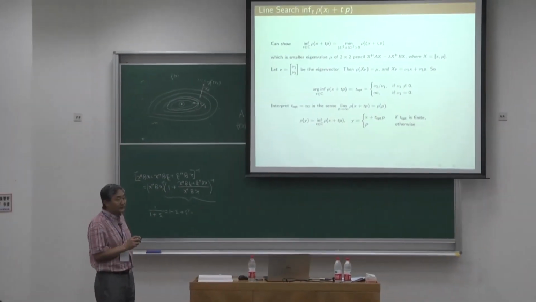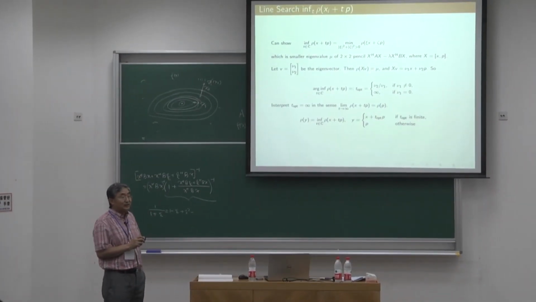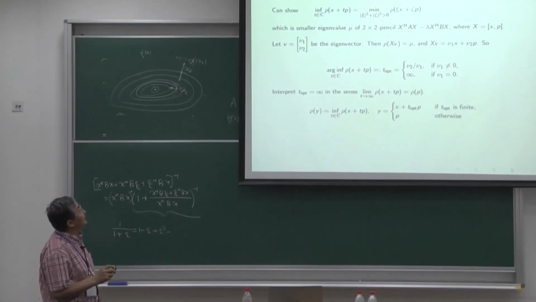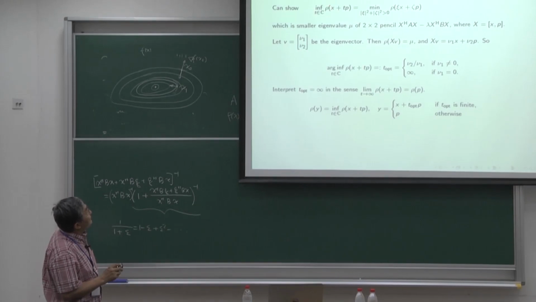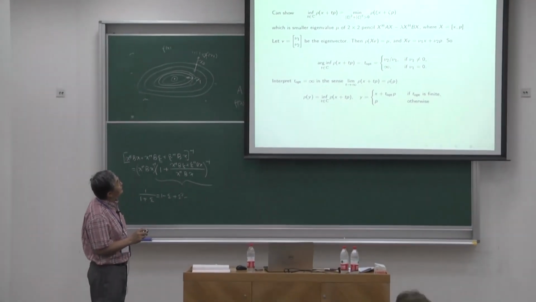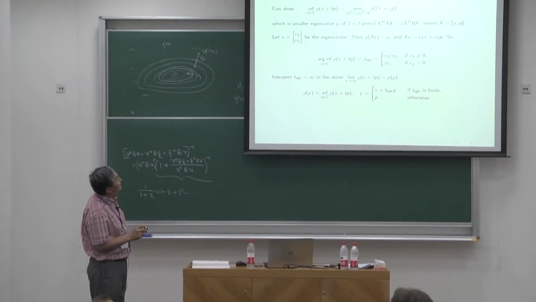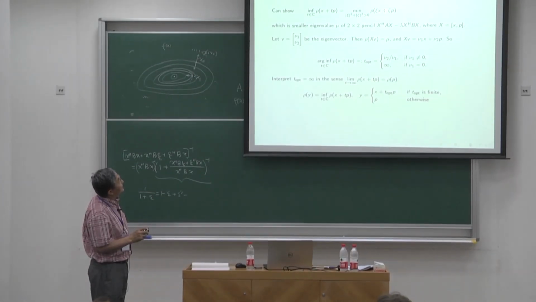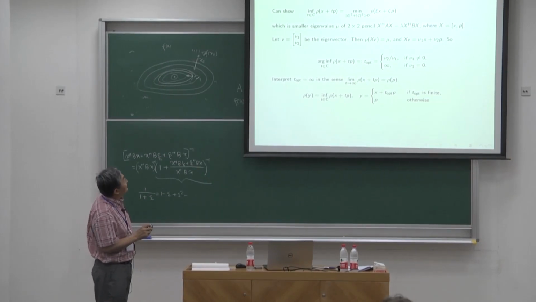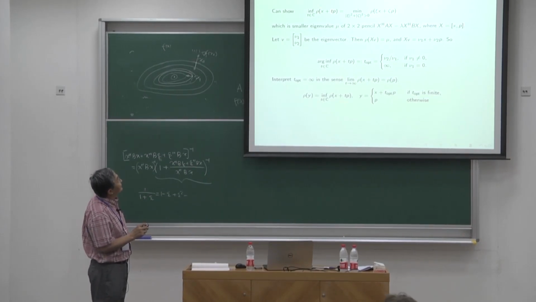In the real case, you can prove that t in R is the same as t in C. They give you the same value. So one can prove that this is equal to rho, a minimization over all linear combinations of x and p. Here you can think of the combination constant on x as 1.